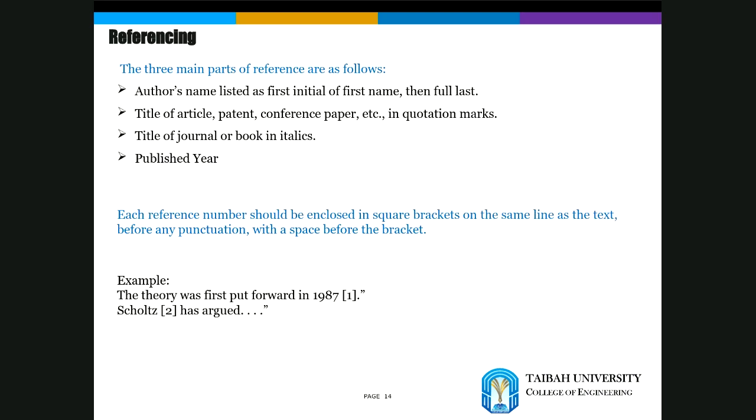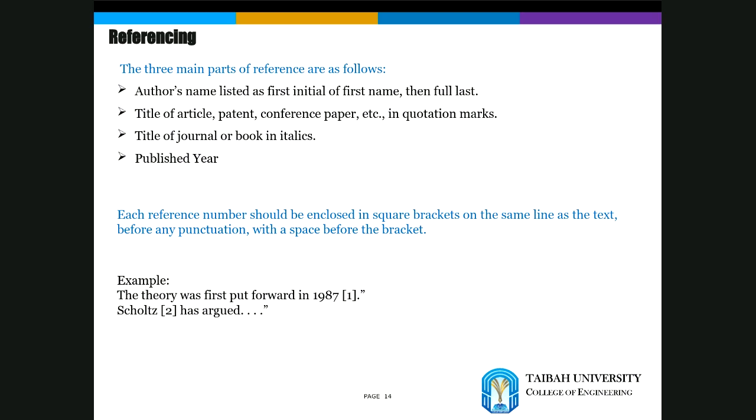And then referencing. As I mentioned at the beginning, one of the key points to make your research report enjoyable is that you have to give credit to other researchers. For a reference, we need 3 parts: the author names, first and second and the third.